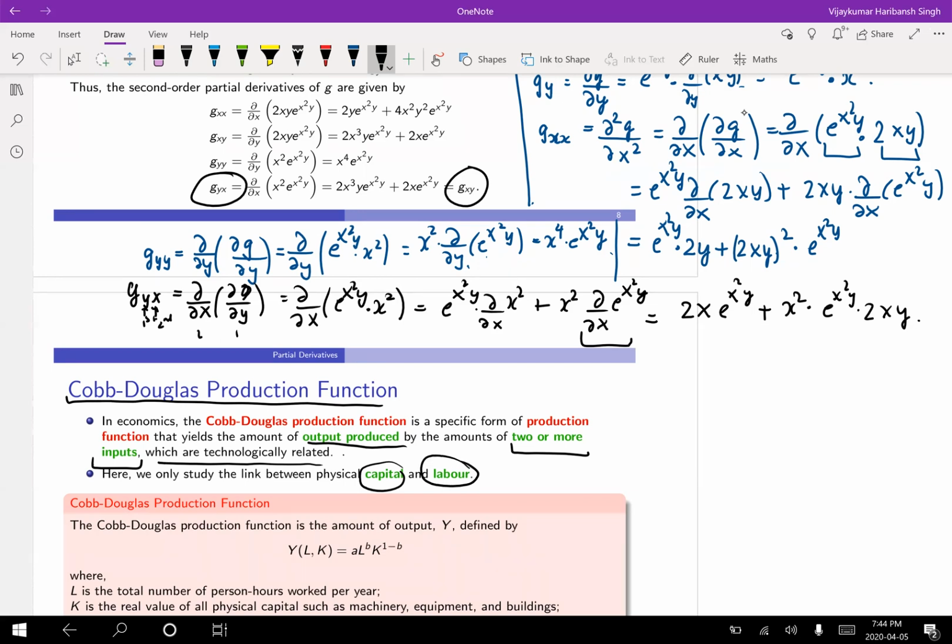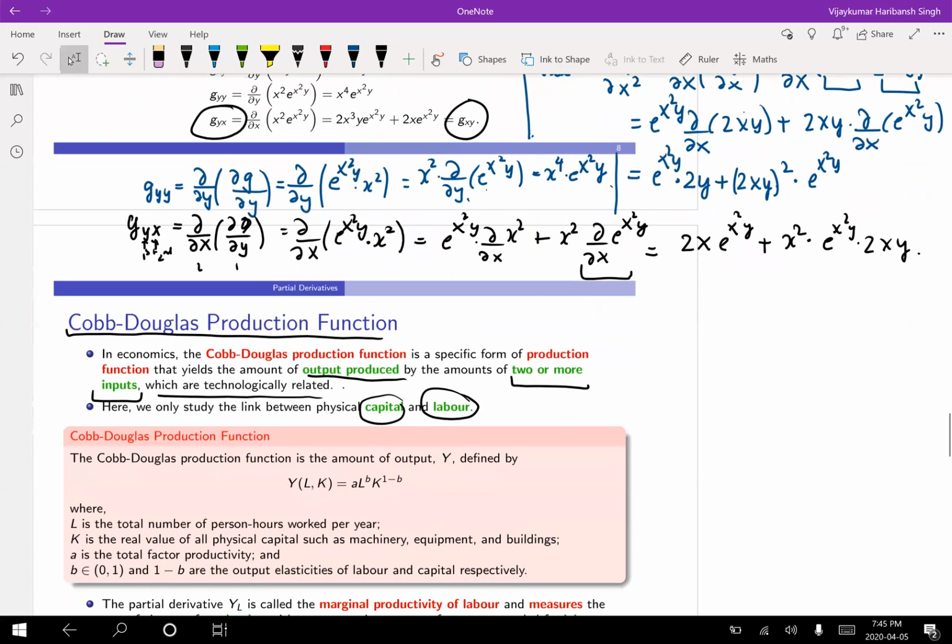The quantity of objects you can produce will depend on the capital and the labor, right? Say you want to open a firm, how much production output you get depends on how many laborers or how many working man hours you have, plus how much money you are able to put in. So there are many variables, but here we are interested in a special kind where our output depends on two inputs.